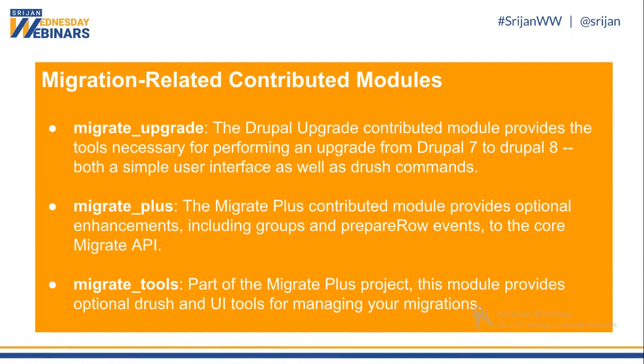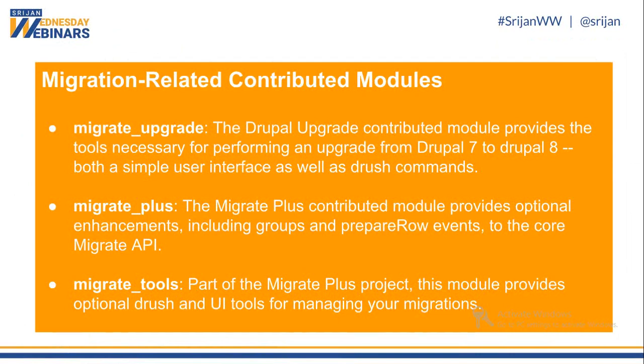And Migrate Plus, it's again a contributed module that provides optional enhancements, including groups and prepare row events to the core Migrate API. And there's Migrate Tools, part of the Migrate Plus project, and this module provides optional Drush and UI tools for managing your migrations.